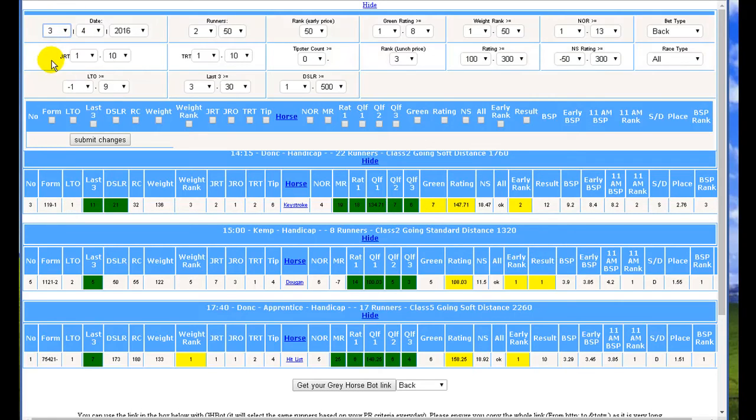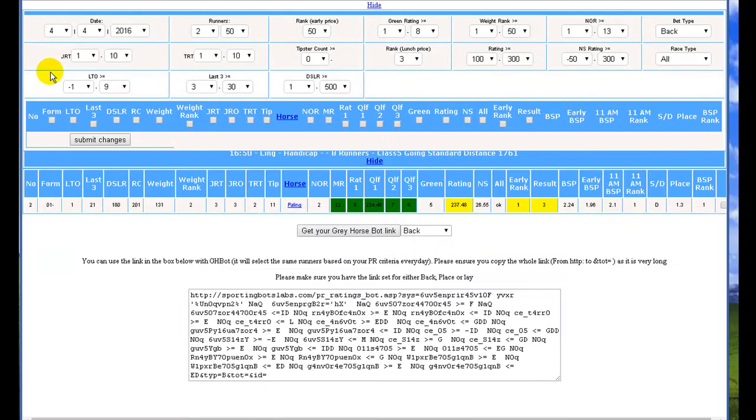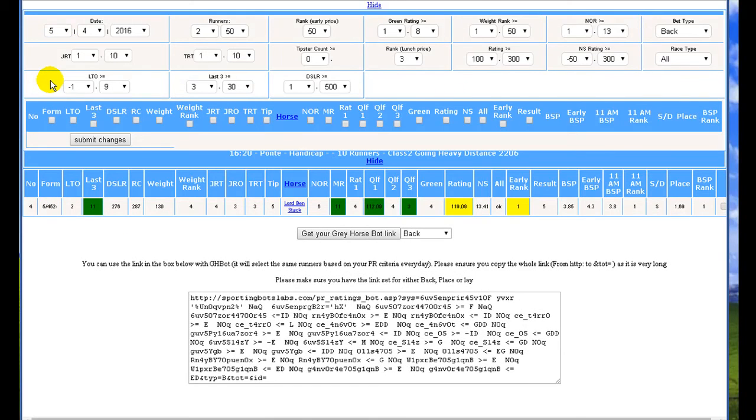Obviously, the more you drill down, the less selections you're going to get, but maybe that's what you're looking for. So we got a first and a non-first place there. At 4.3, we got a place in there. We've got non-placed there.